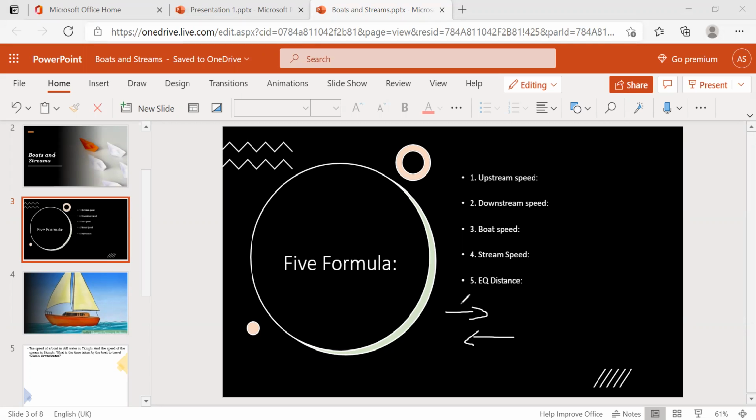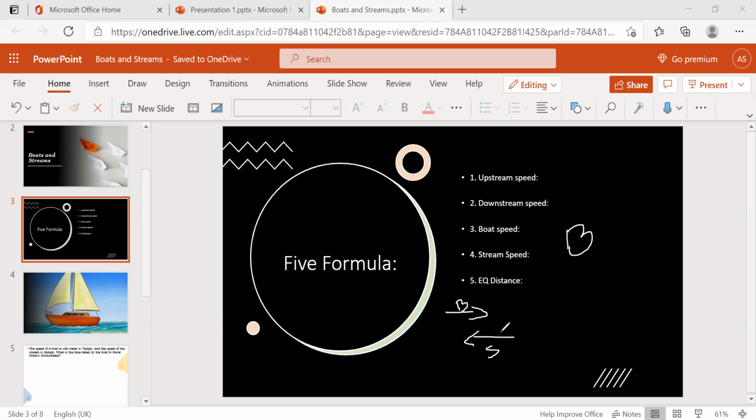Suppose this is the boat and this is the river. Assume the boat speed is b, and the stream speed is s. This is b and this is s.